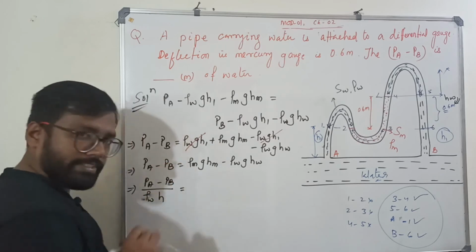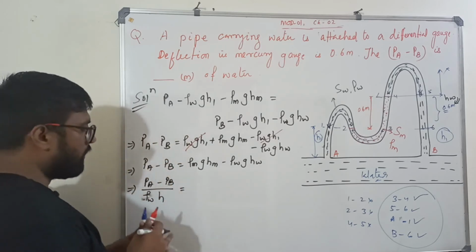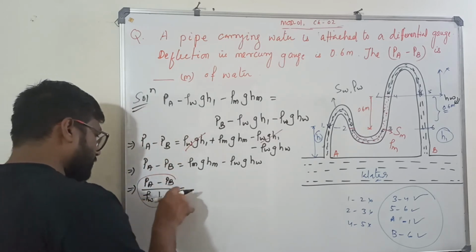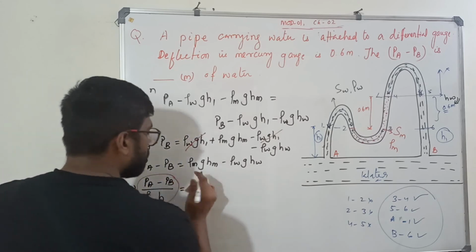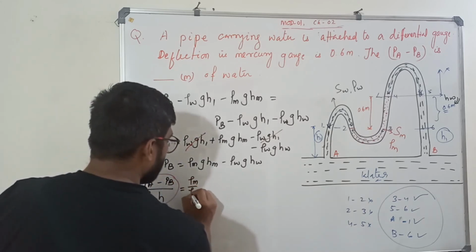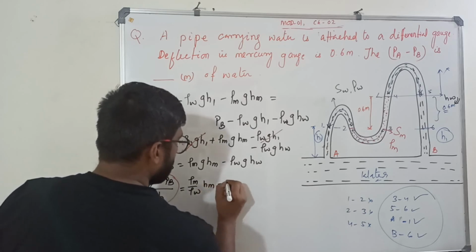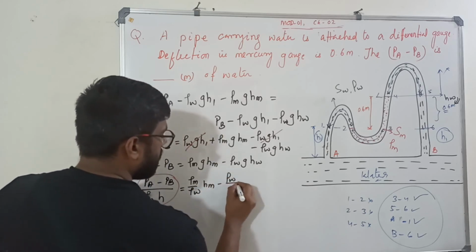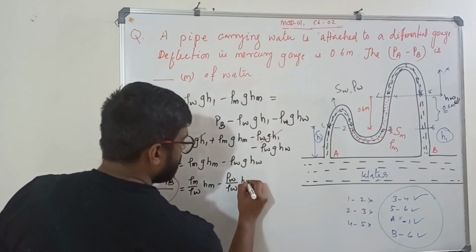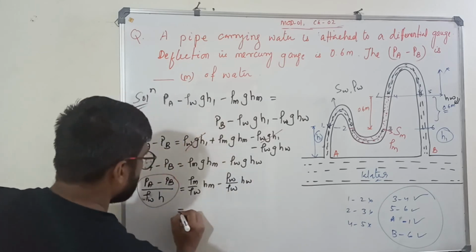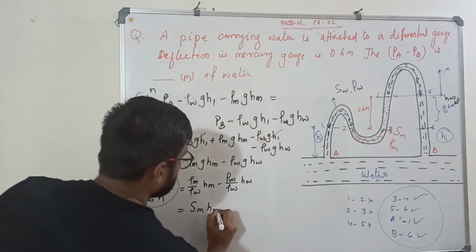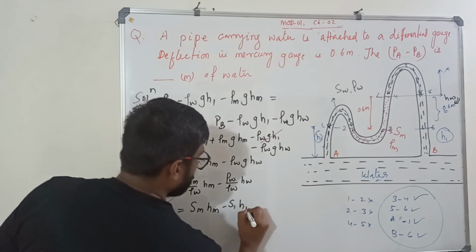Now this expression is in terms of head of water. So what is here? Rho M by rho W into Hm minus, it's already water, rho W by rho W into H. So what you got is Sm Hm minus S1 H water.